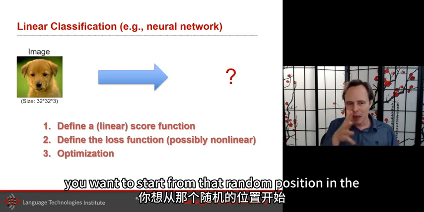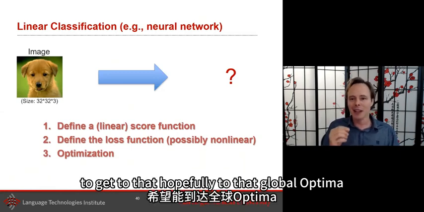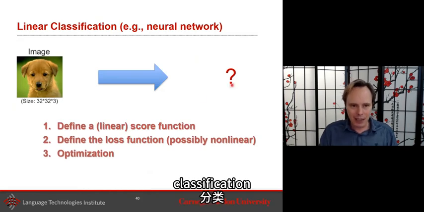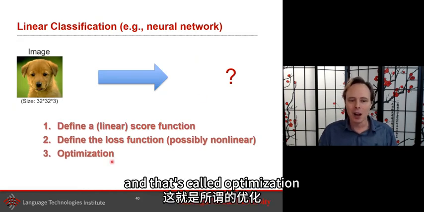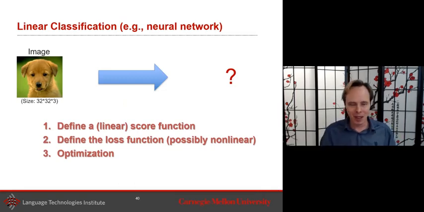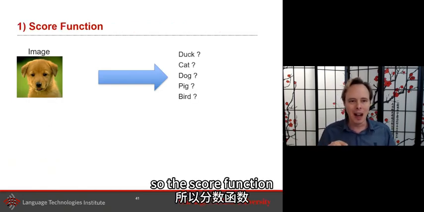You want to start from that random position in the space of your model, the parameter space, to get to, hopefully, that global optimum that really gives you the best possible classification. And that's called optimization, that walking through the space. And I think the intuition of walking is really good in this case.